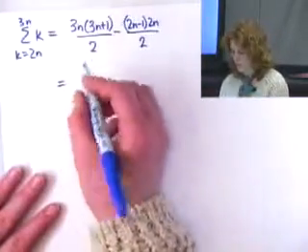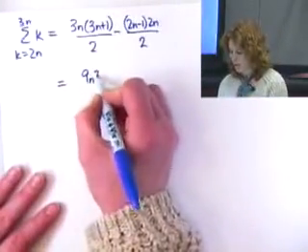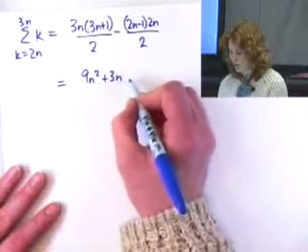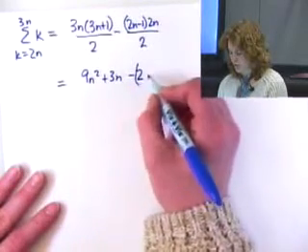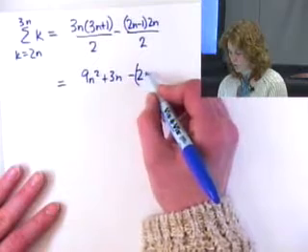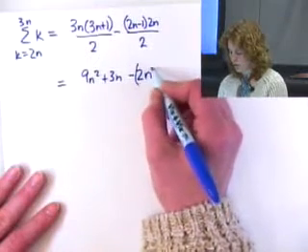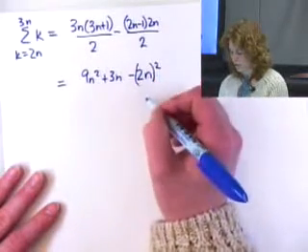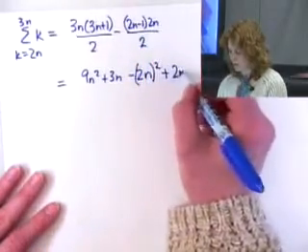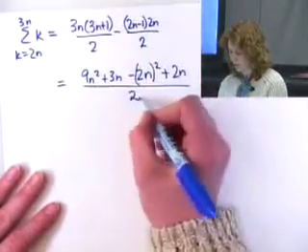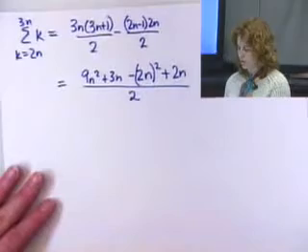So let's make this formula a little nicer. That's 9n squared plus 3n minus, that's going to be 2n squared, right? And then plus 2n, and all of that's over 2. Is that a minus or a plus?